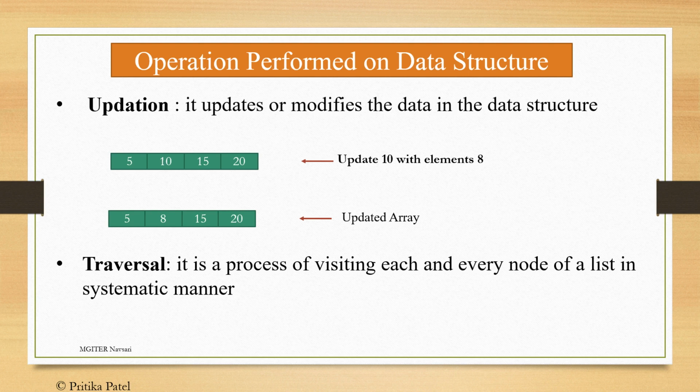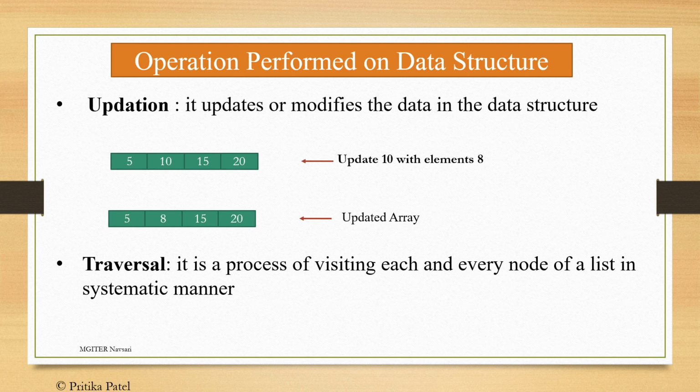From this array we want to update element 10 with element 8. By using the updation operation it is possible, and we get the updated array, that is 5, 8, 15 and 20.